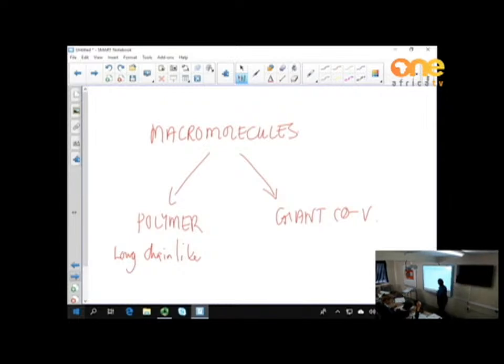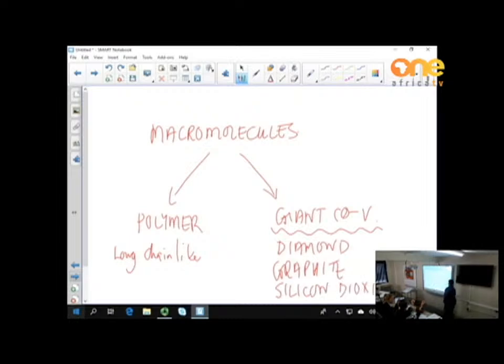The giant covalent structures, the examples we do are diamond, graphite, and silicon dioxide. And each of them has its own unique structure. What makes diamonds exceptional is the fact, remember, carbon has got 4 bonding places. So when diamonds were formed, each carbon is bonded covalently in 3 dimensions onto 4 others.